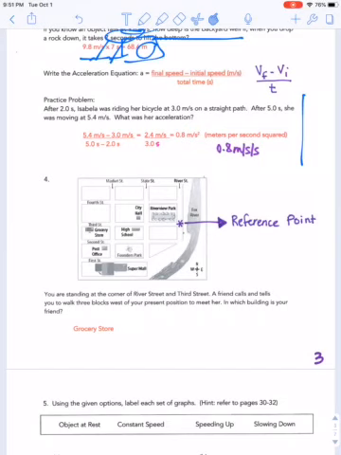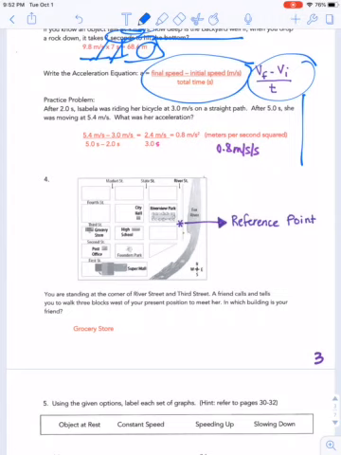So the formula for acceleration is final speed minus initial speed divided by the total time, or velocity final minus velocity initial divided by time.